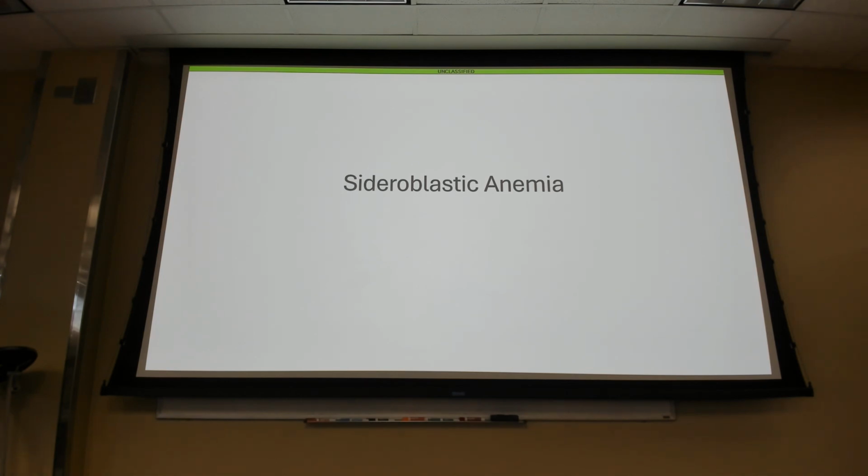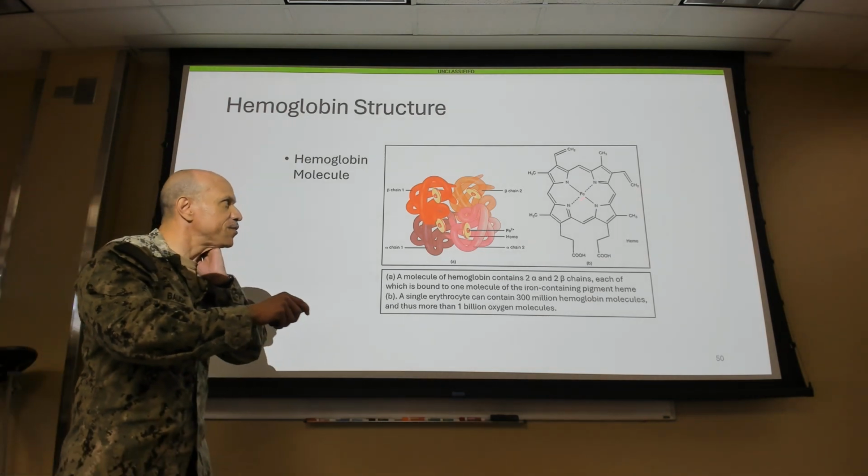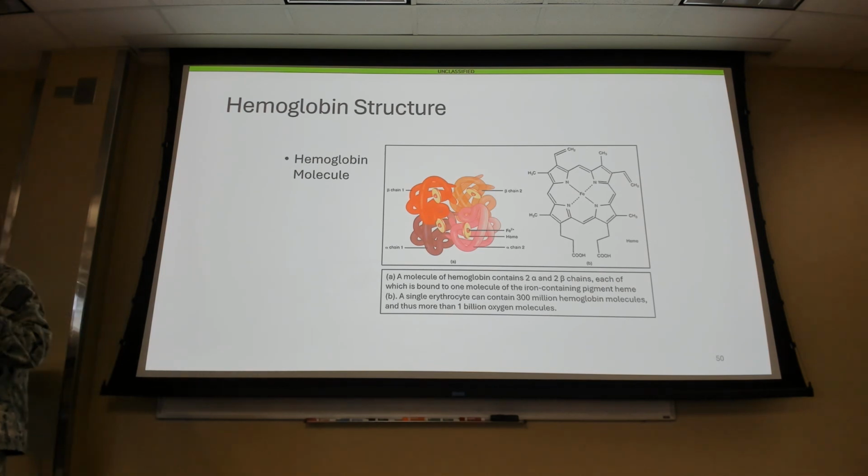All right. We're still on the microcytic anemias, and now we're moving to sideroblastic anemia. The problem set for sideroblastic anemia is going to be the protoporphyrin ring. There's your structure. Typical hemoglobin, your heme, is the protoporphyrin ring with the iron bound to it in the middle, and that's your heme group.